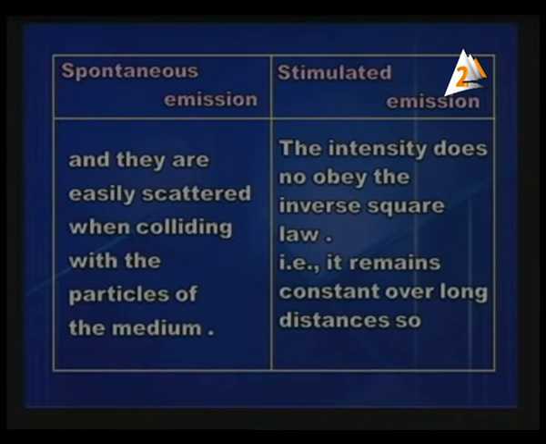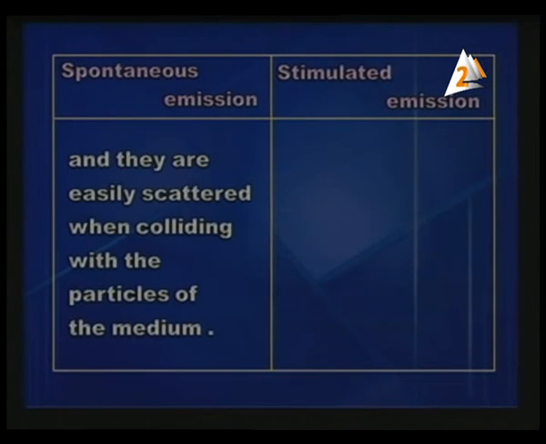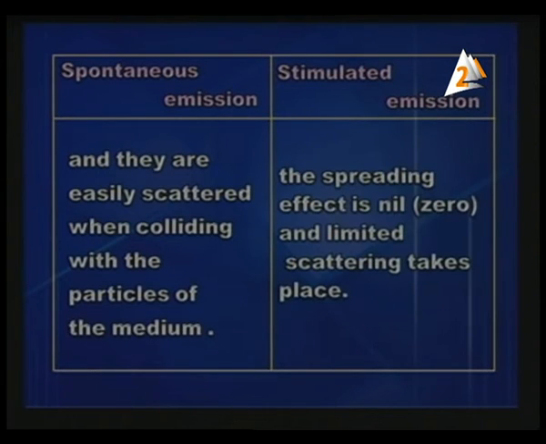But intensity in stimulated emission does not obey the inverse square law. That's to say, intensity remains constant over long distances. So the spreading effect is nil, and limited scattering takes place.